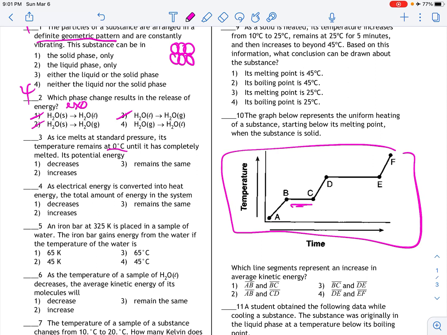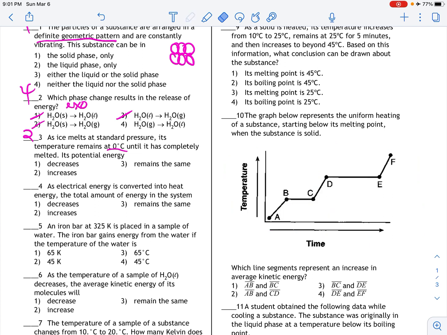So that means this is the solid and this is the liquid. So this is the phase change. It says the temperature is 0 degrees Celsius until it's completely melted. So obviously the graph increases, although temperature does not. So potential energy will increase because that's what's going on while the graph is continuing.